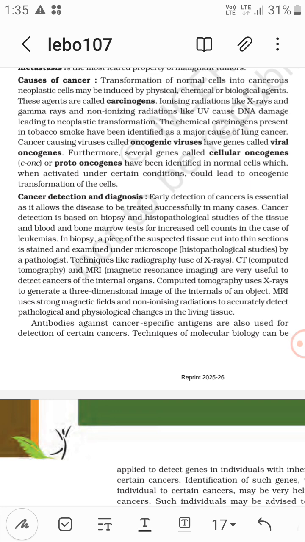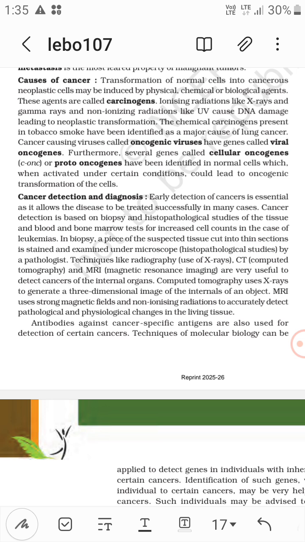Techniques like radiography, that is use of X-rays, computed tomography, and magnetic resonance imaging. Remember, computed tomography uses X-rays to generate a three-dimensional image of internal organs.